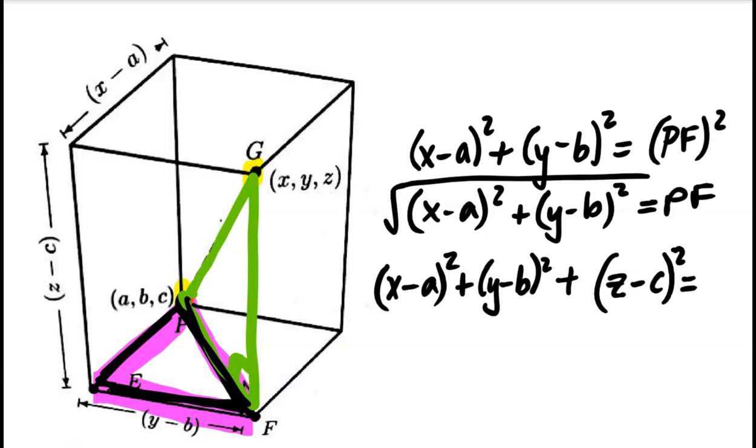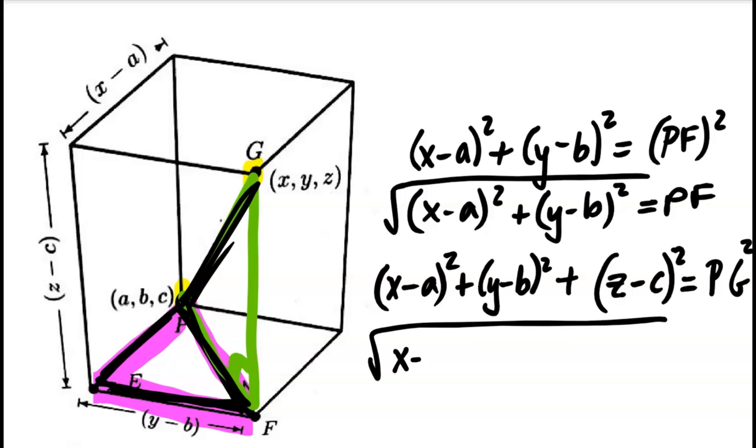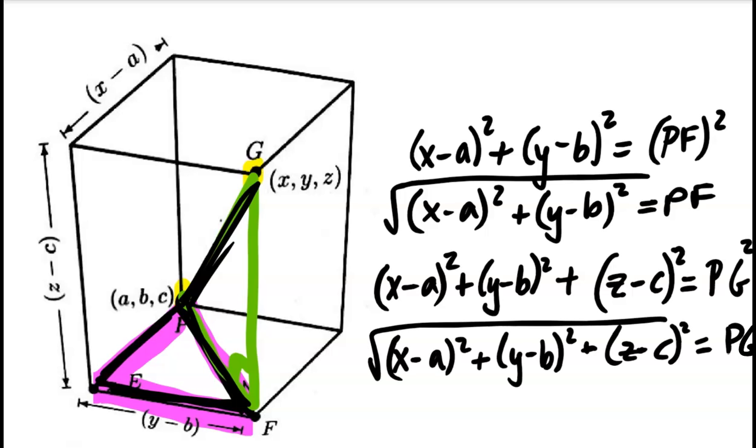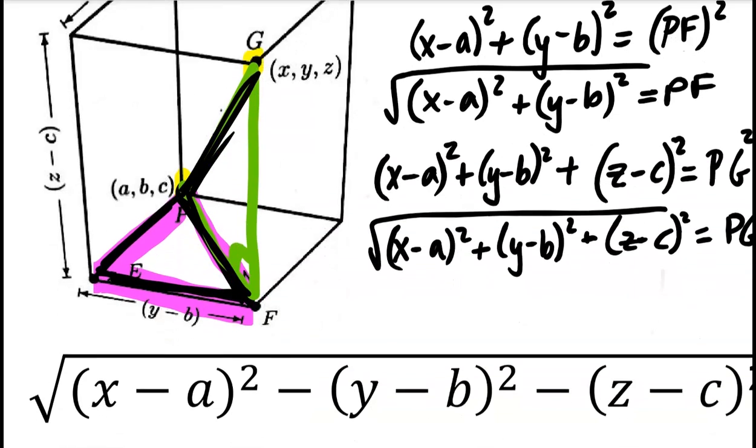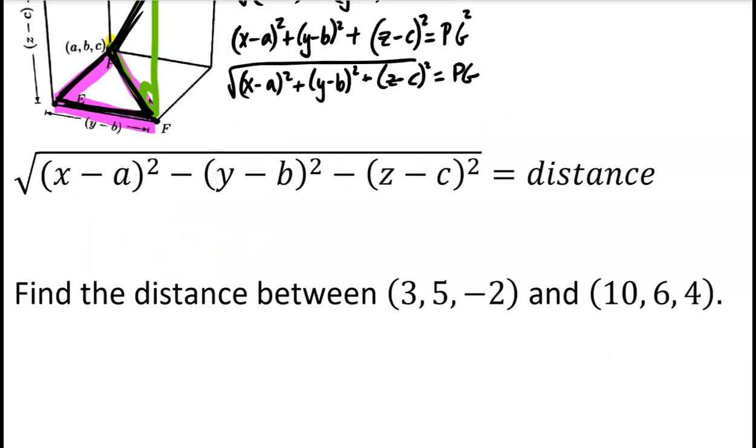And this will equal the distance PG squared, once again using the Pythagorean theorem. So to figure out PG, I'll take the square root of both sides. And this is the distance formula in 3 dimensions. It's simply taking the Pythagorean theorem twice.